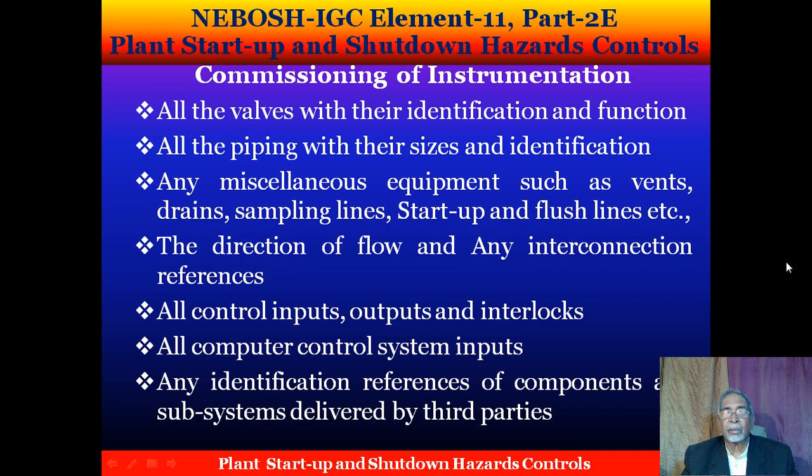It also shows you all the piping with their sizes and identification, and any miscellaneous equipment such as vents, drains, sampling lines, startup and flush lines, etc. The direction of flow and any interconnection references, all control inputs, outputs and interlocks, all computer control system inputs, and any identification references of components and subsystems delivered by third parties.